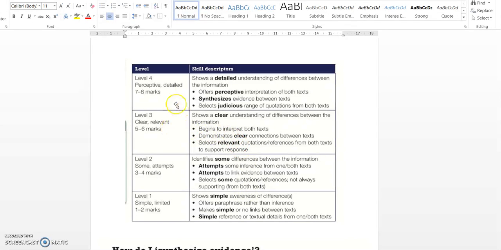So you can see in the level 3 and the level 4 area, for level 3, it shows a clear understanding of the differences between the information, begins to interpret both texts, and this word interpret is to do with making those inferences. So looking at what the writer has written and then working out for yourself what kind of viewpoint he's presenting. So that's the idea of interpret. I'll come back to that when I'm looking at the actual texts. Demonstrates clear connections between texts.